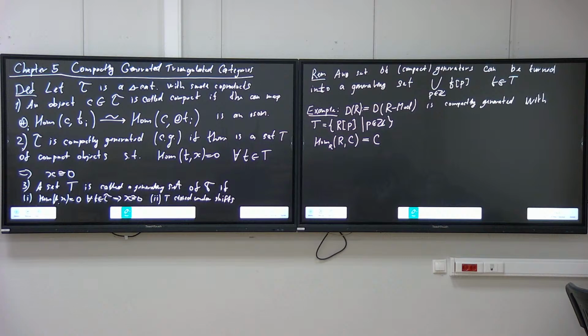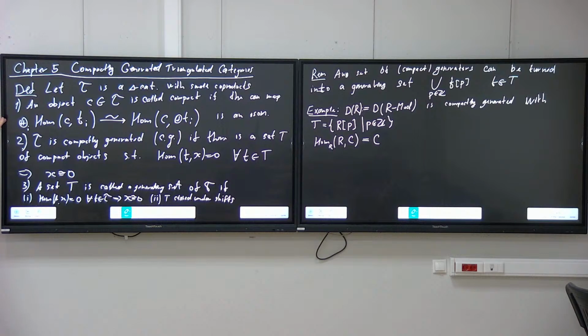You compute Hom from the ring to the complex. No, this Hom is simply some R-module. This is a complex of R-modules. C is a complex. But in the definition we have Homs, not inner Homs, but simply abelian groups.